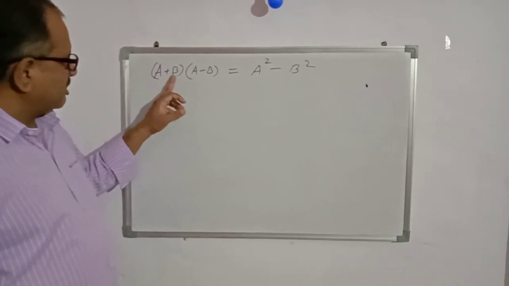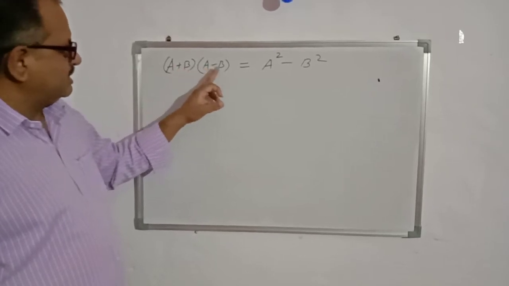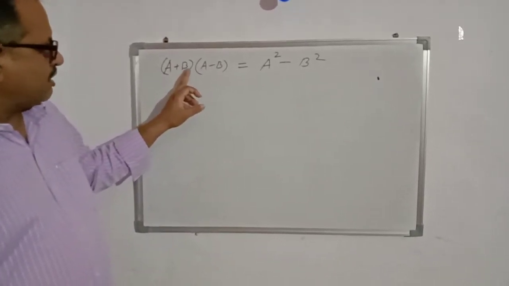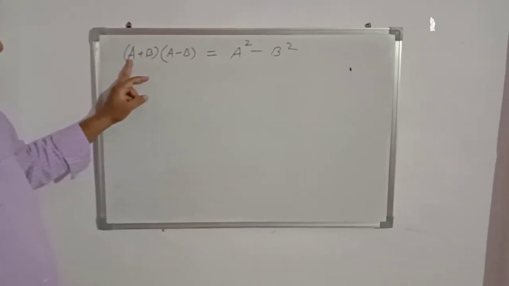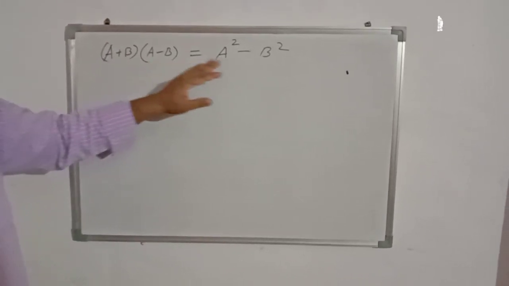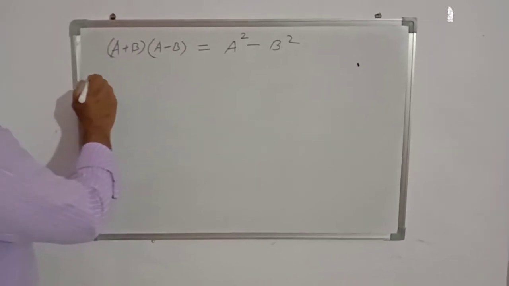But the sign of the second term, that is b, in the first bracket is plus, in the second bracket it is minus. So the sign of the second term is opposite in both the brackets, but the sign of the first term is the same in both the brackets. In this case we can apply this identity. See one example of how we can do it.